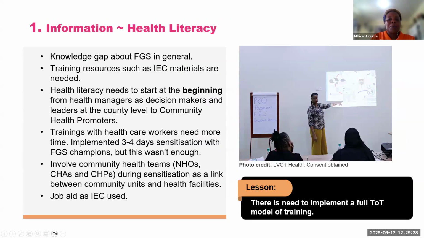Okay, so due to the knowledge gap, we found, because FGS is still a neglected tropical disease and actually a neglected gynecological disease, there was need to have healthcare workers and also the community health teams sensitized about FGS in general.